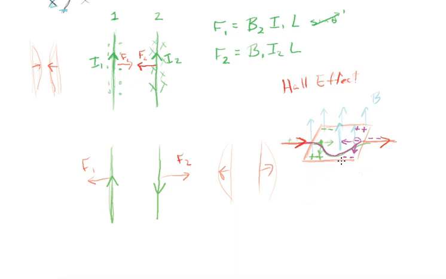All we have to do is look and see which side of the plate is positive and which side is negative. To answer this question, you just attach a little voltmeter onto here and you read the voltage.